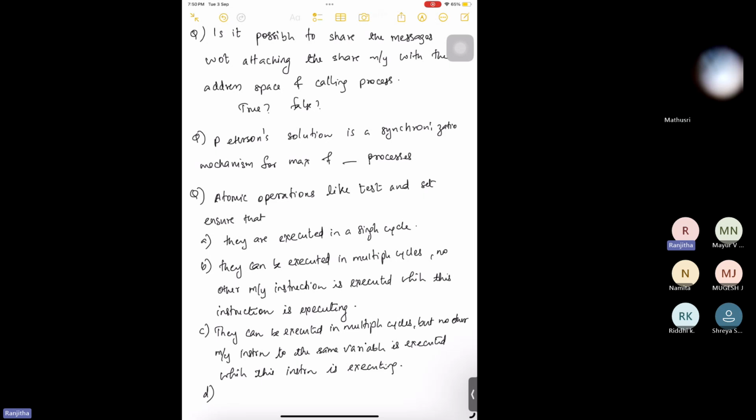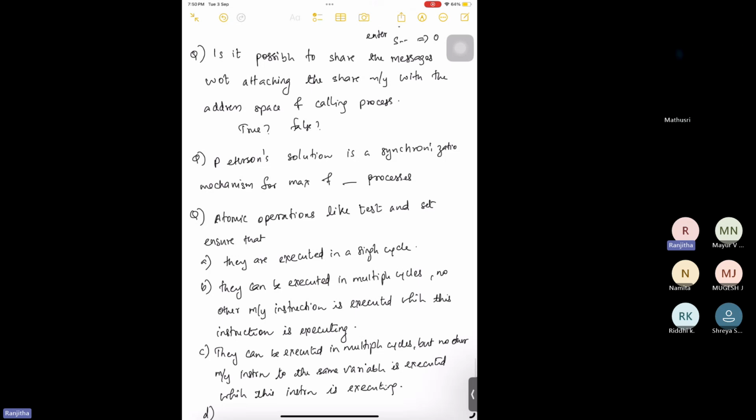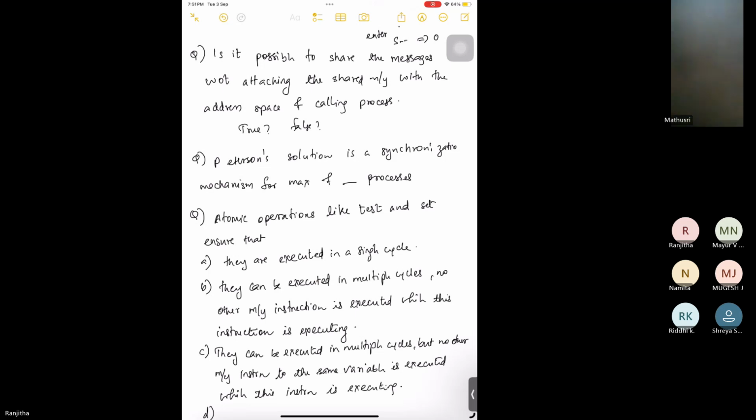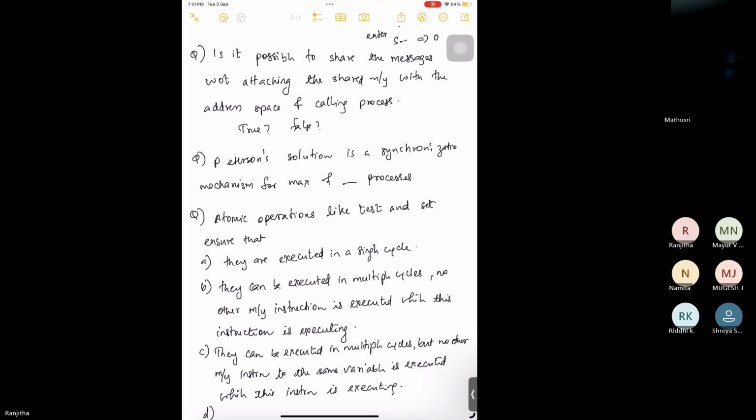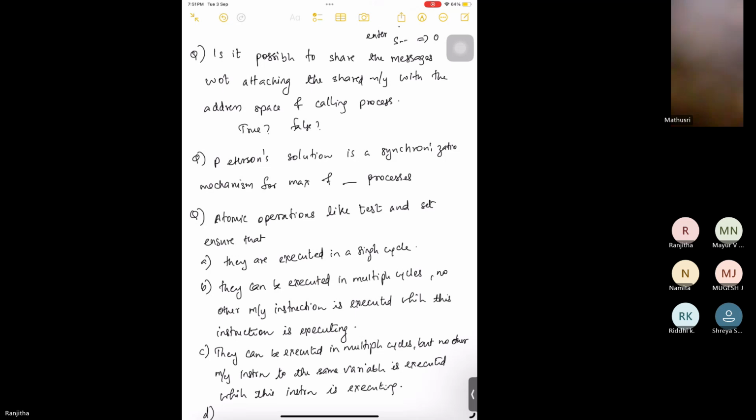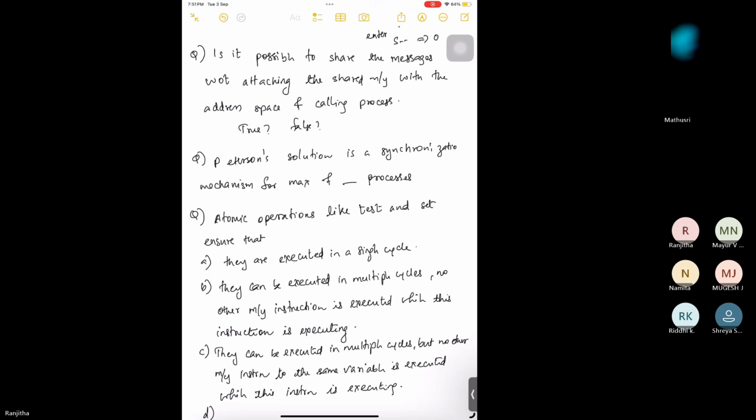Okay, let's see the first one. Is it possible to share the messages without attaching the shared memory with the address space of the calling process? So the statement is true or false.